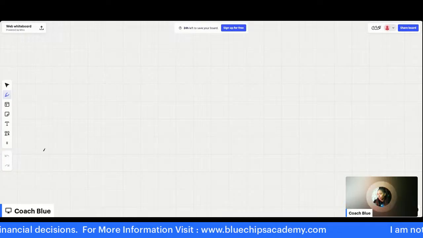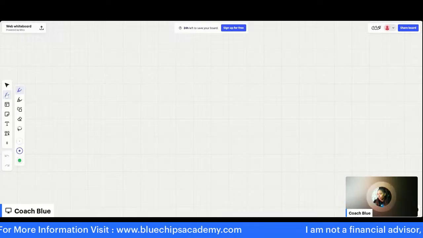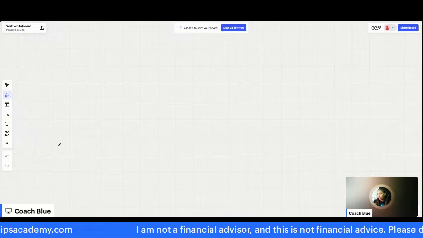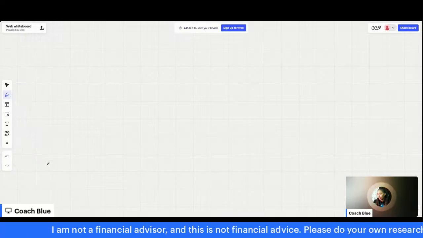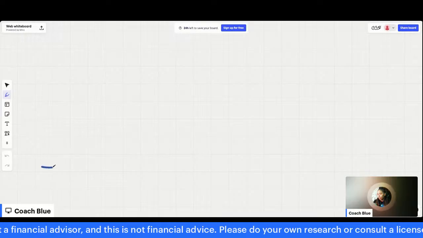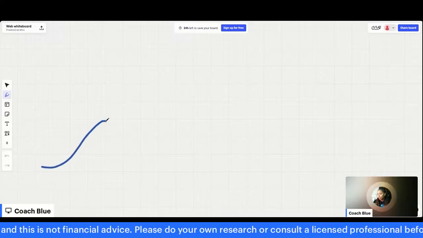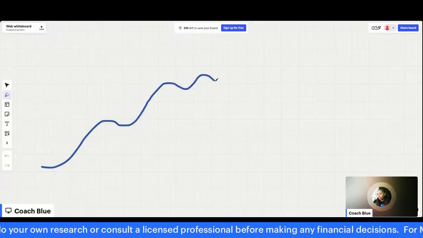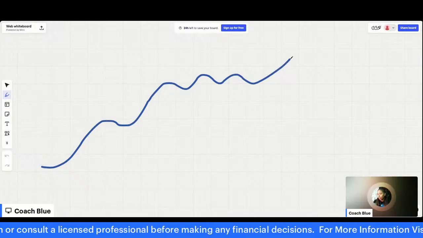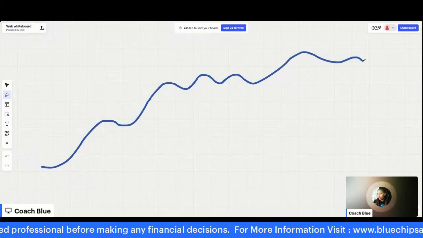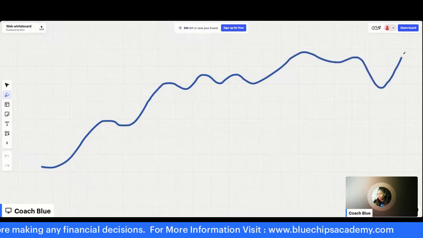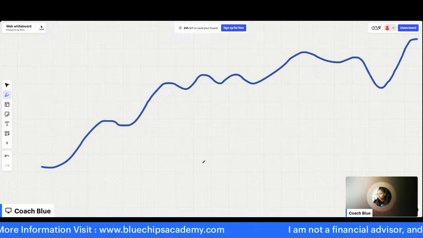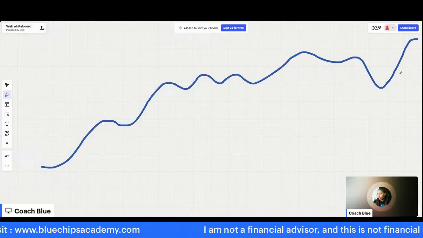I'm going to draw an illustration of the 200 first, and then we'll talk about the other EMA as well. So here's our 200. It could probably look something like this. It doesn't just move straight up or straight down. It might move sideways, then go up again, and come down a little bit, but the ultimate direction we can see here is that it's moving up.